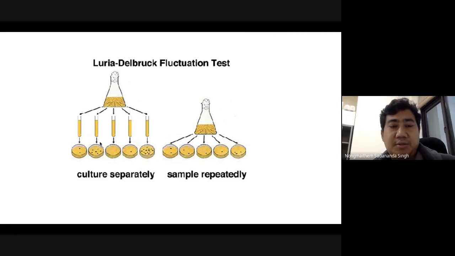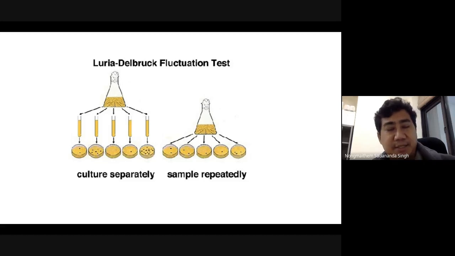Okay, so the Luria-Delbruck fluctuation test is about running parallel cultures and looking at the number of colonies you are getting, and then using this number of colonies and the number of parallel cultures you can calculate the mutation rate.